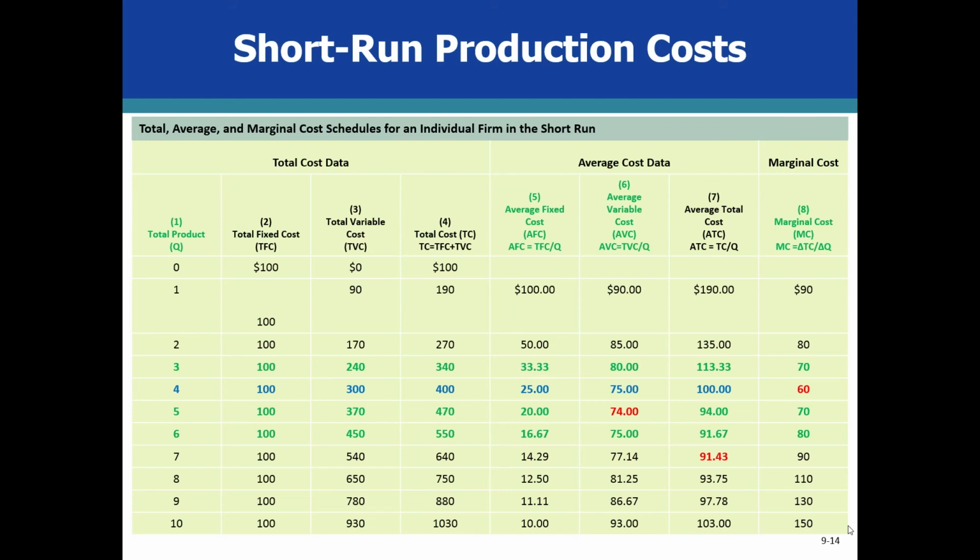Okay, so you can only thin the fixed by so much before that incremental marginal cost takes over, which increases the average variable cost, which ultimately in column 7, after reaching the low point of 91.43, starts to increase.